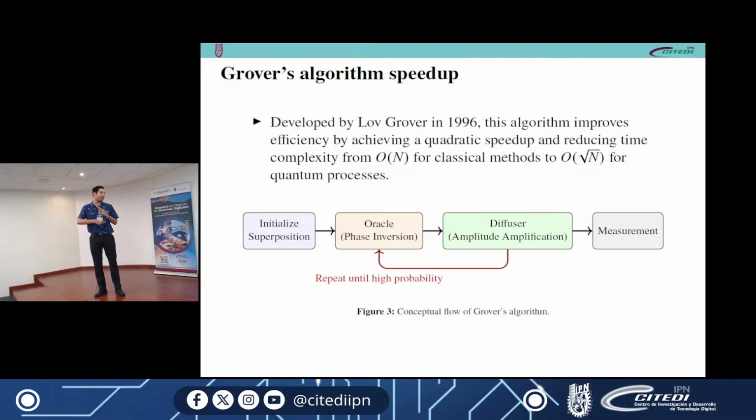And once we determine these solutions and we invert the phase, then we move on to the diffuser. The diffuser amplifies these valid solutions that we want to look for, and this procedure is repeated until we get a high enough probability that we can find these solutions. And once we have that, then we go to the measurement.